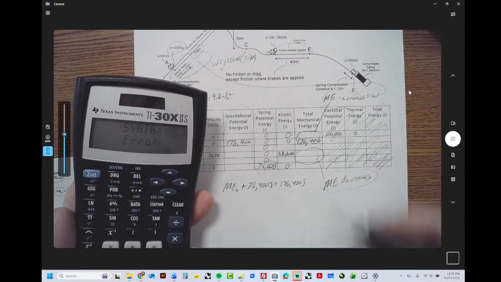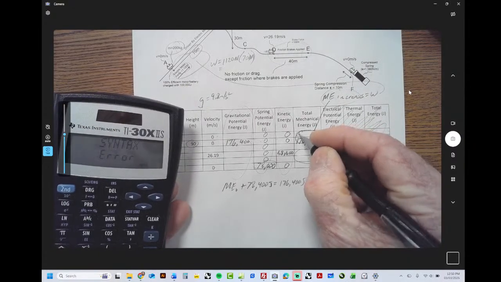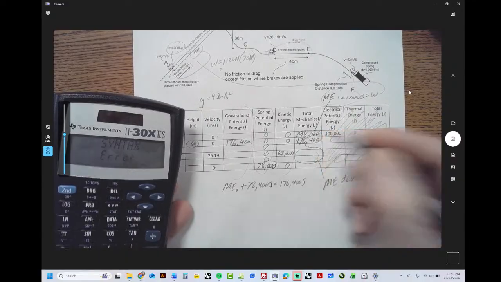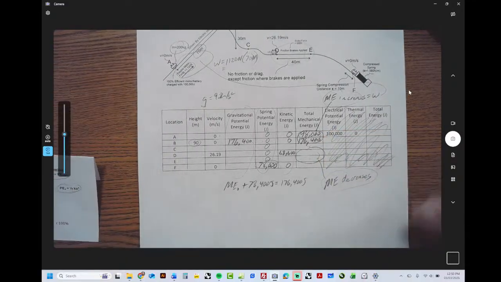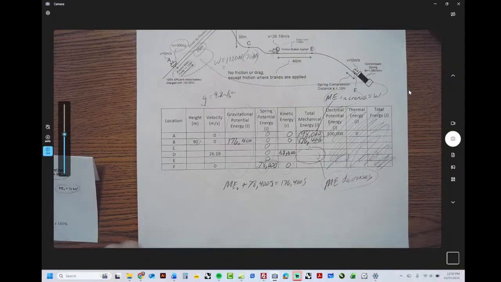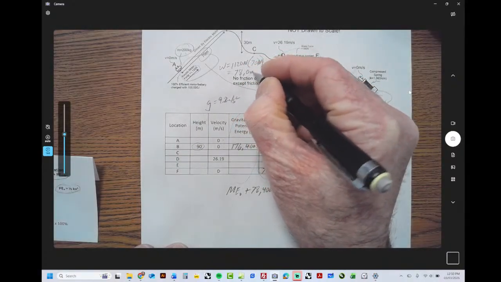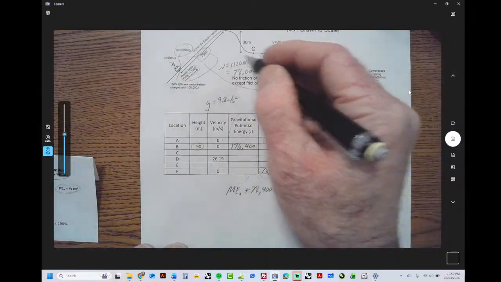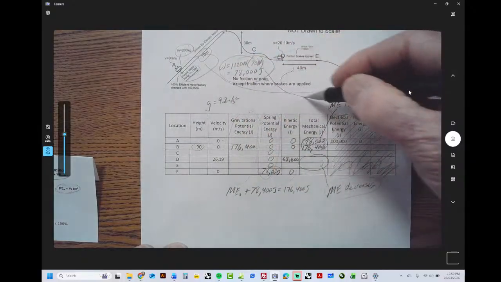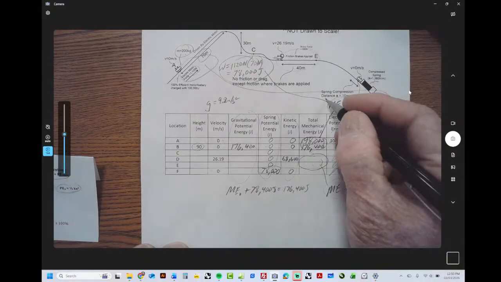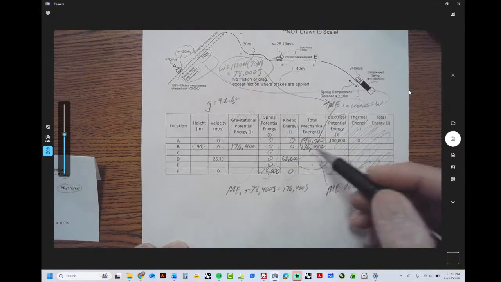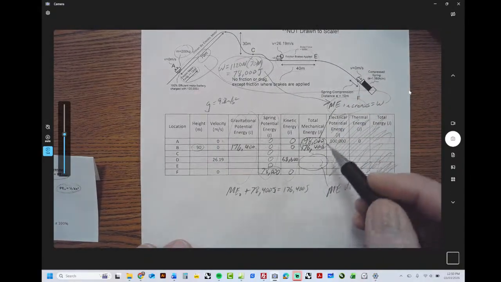Anyway, it was 98,000. So 176,000 minus that 78,000 joules, which is the amount that this increased by, gave me 98,000.